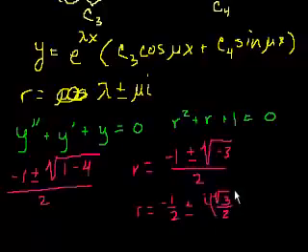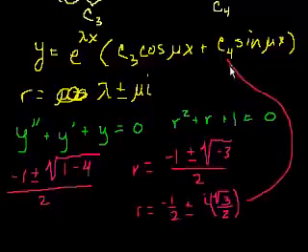Actually, that's the best way to write it. You just take the i out, so it takes the negative 1 out, and you're left with square root of 3 over 2. So these are the roots, and now if we want the general solution, we just have to throw this right back into that.